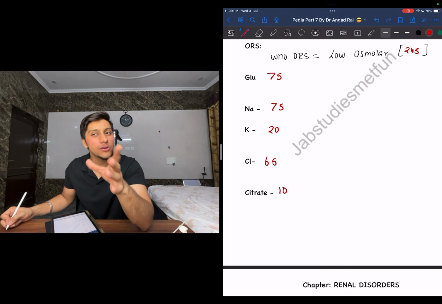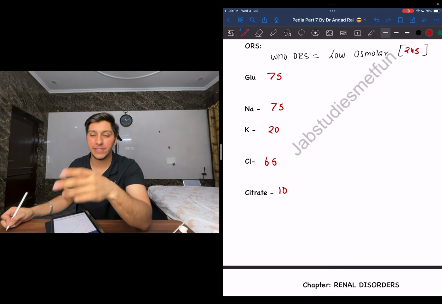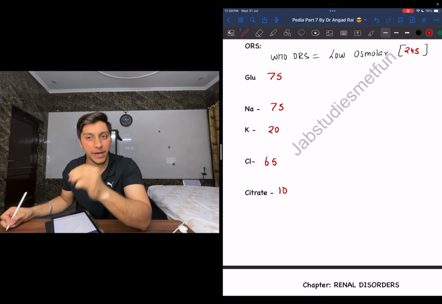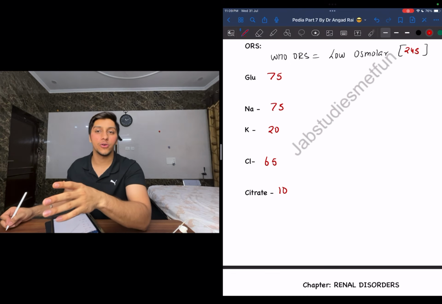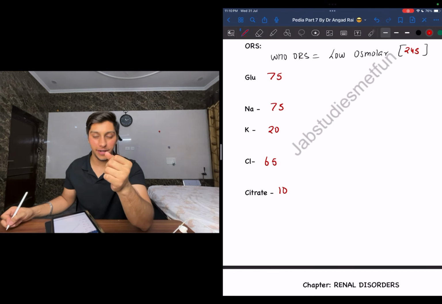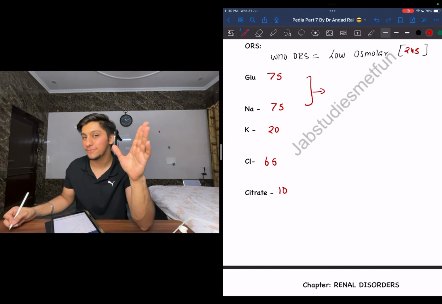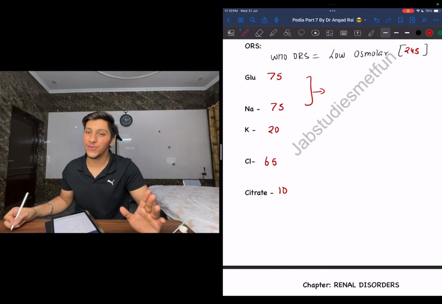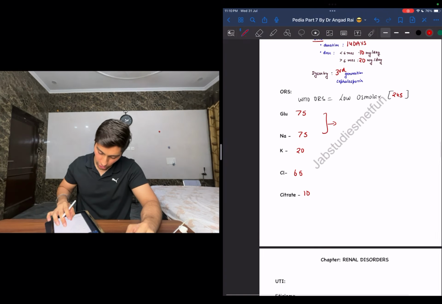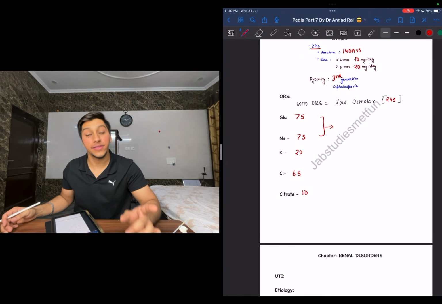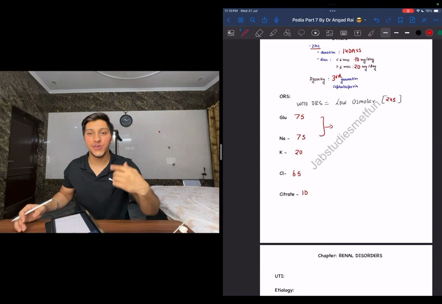Now why do you think glucose and sodium are both 75? If anyone is strong in biochemistry, please comment it below and help others as well. It is a very good thing. Okay, why do you think? Because this is related to some transport mechanism. So enough hints. Now you guys have to answer that. So this is the ORS formula, and that question can come. So make sure you try to attempt the question.